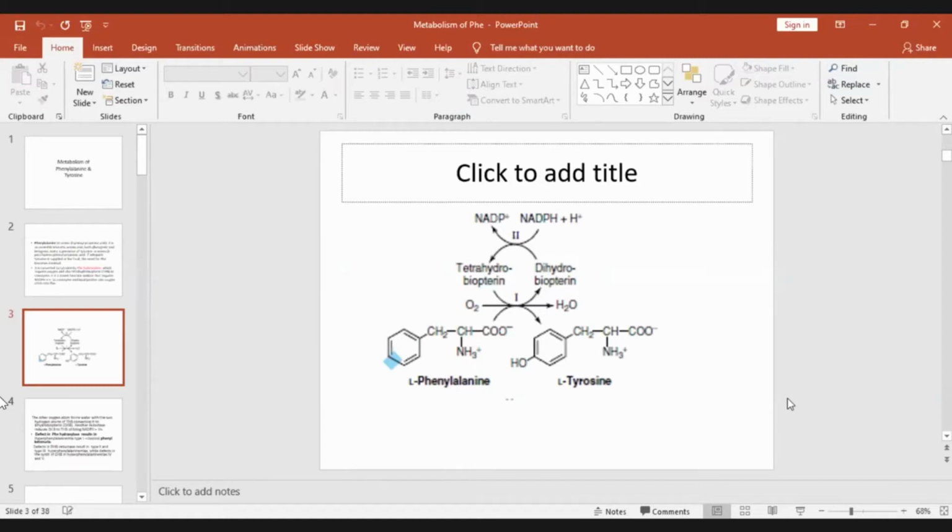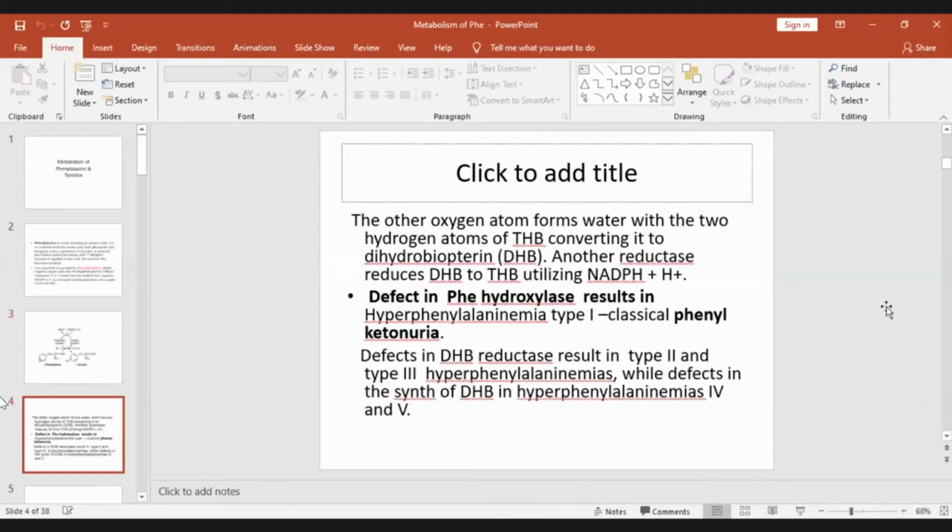It is oxidized to dihydrobiopterin, and this dihydrobiopterin has to be re-reduced to tetrahydrobiopterin, and for this the coenzyme is NADPH plus H. Deficiency of dihydrobiopterin reductase can result in phenylketonuria types 2 and 3, whereas synthesis of tetrahydrobiopterin itself can be deficient, that is the 4th and 5th types of phenylketonuria. So that's what it is.